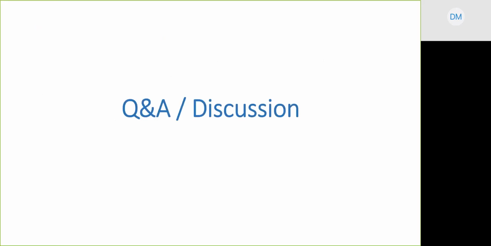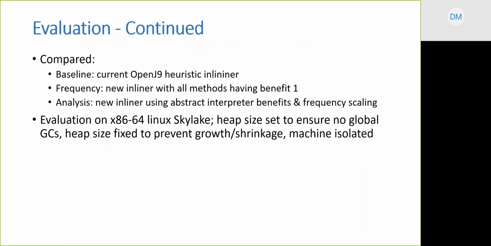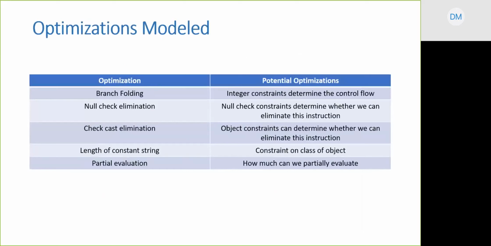How many optimizations is the inliner aware of right now? So the list of optimizations that are currently modeled is this list here. These 5 transformations are what it looks for. And in terms of partial evaluation, it's a subset of all the things that you could do. Is there a plan to make that more exhaustive?